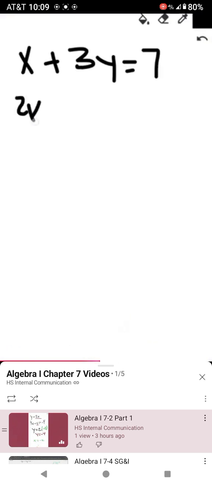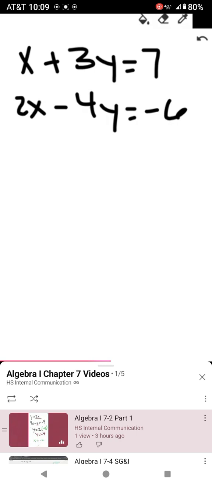So in this one, it's not already set up that way. So we'll have to choose one of these to set up to where either x equals something or y equals something so that we can substitute it into the other equation. So for this one, just looking at it, if I try to do the first one, we're probably going to end up with a fraction. So to avoid that, we'll use the second equation and we'll set it equal to x. So we can come out with some even numbers instead of fractions. Wouldn't be wrong to use fractions, but it's just easier to try to not use those if we don't absolutely have to.